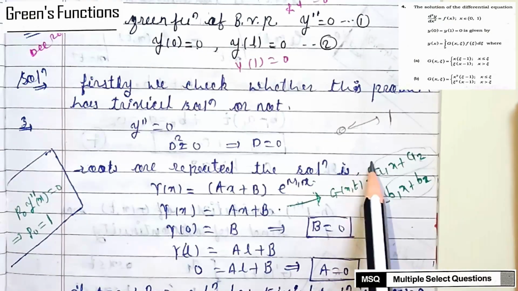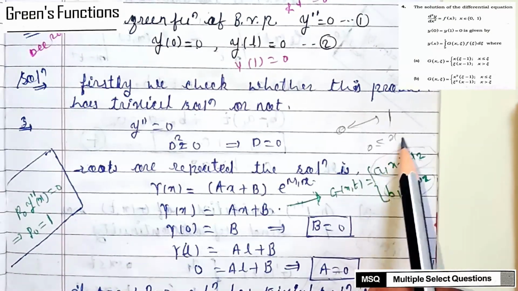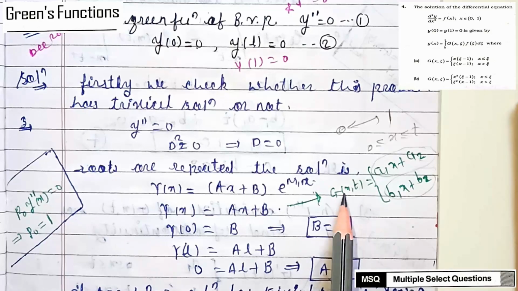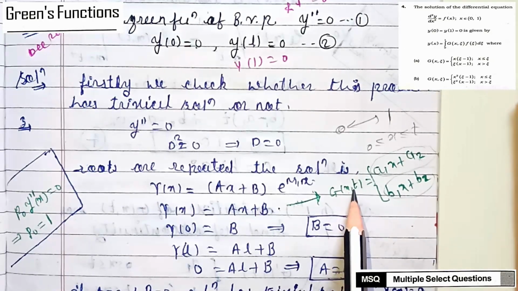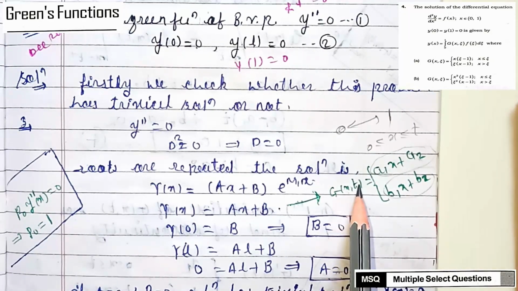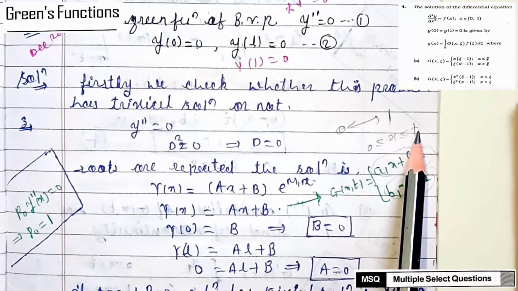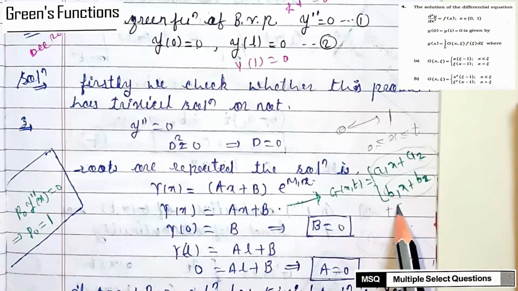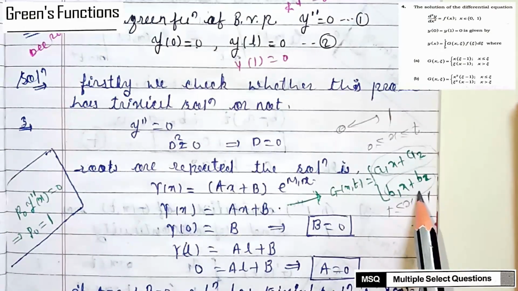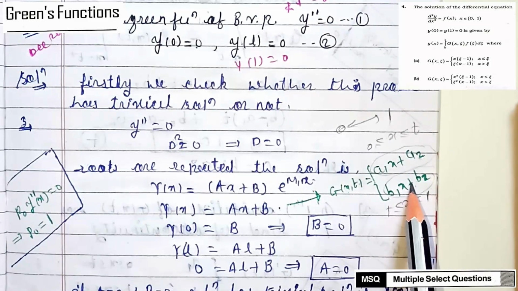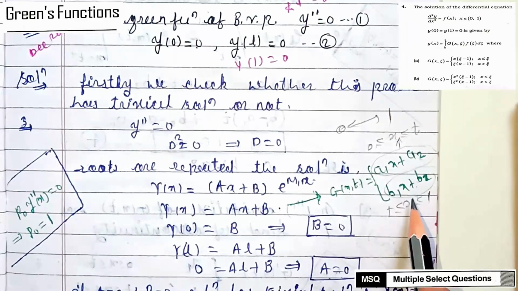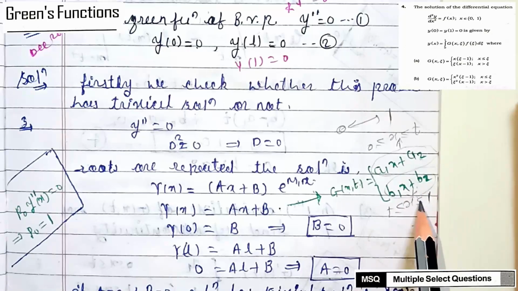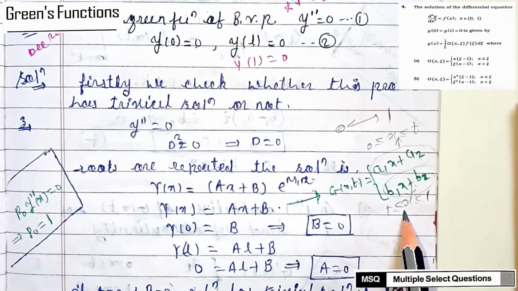For the first interval we write 0 to x and t, because the function g of x,t is in the form of x and t, so we need to know both values, x and t. That's why I define 0 to x, and t to 1, for this Green's function. So I got two different limits for x and t using the boundary condition.